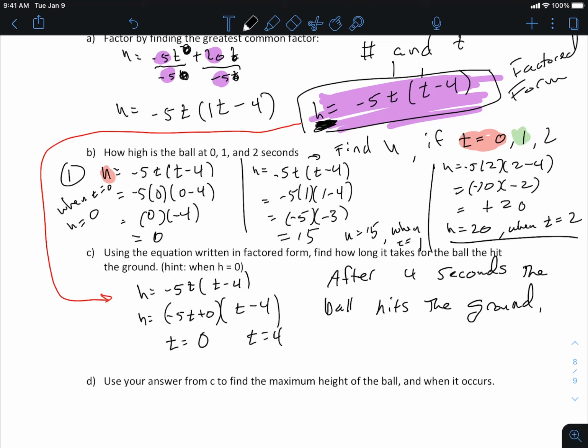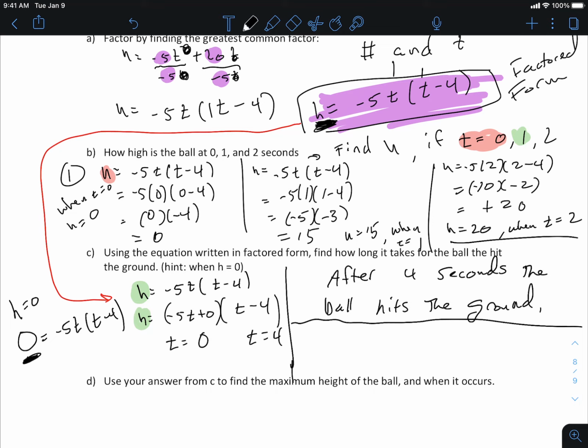Okay. So besides the reasoning, remember we discussed some of the reasoning as to why this was the case. What you're actually doing is you're saying, if the ball hits the ground, then h must be 0. And so your equation, 0 equals -5t(t minus 4), is 0 because h equals 0, right?